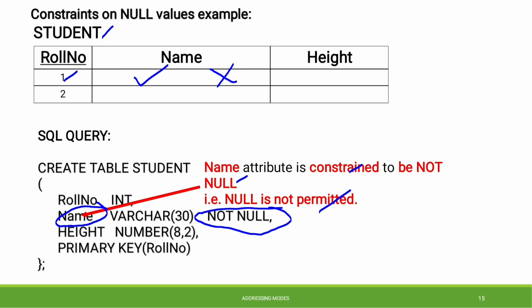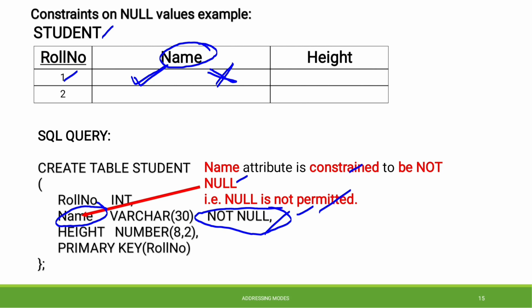That is the meaning of this. Constrained to be not null means a null value is not permitted. We have to compulsorily enter the value of that attribute.